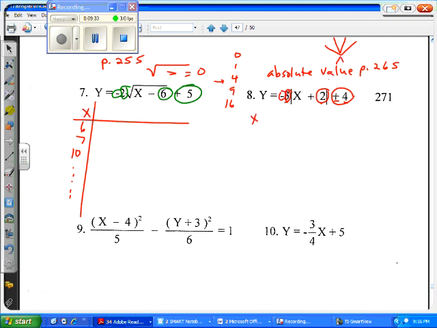But we still need to build a table of x, y values to see where that's going. Okay? And you can play with those x's until you get a nice pretty V. If you end up with a little check mark, you need some more points over here, right? Okay. All right. Play with that till you get a good little graph.